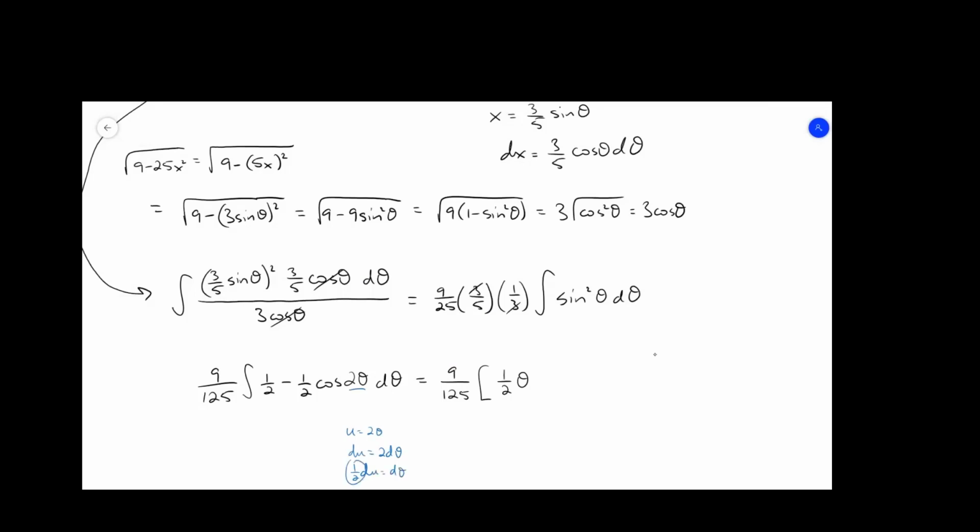So you're going to end up with that 1/2 there. And then the antiderivative would just be sine 2 theta over 2, or 1/2 sine 2 theta. So that then combines with the other 1/2 that we have there, and we're going to get 1/4 sine 2 theta.